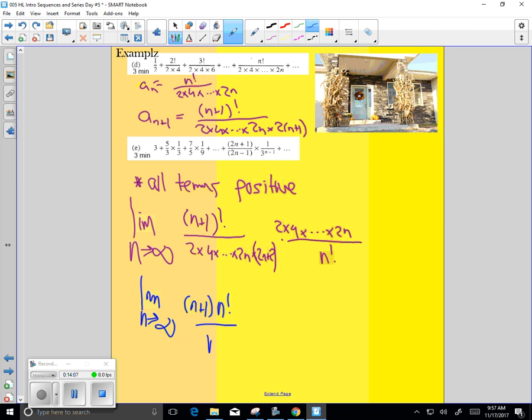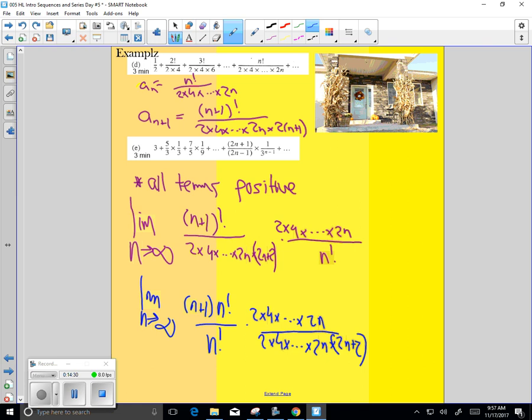Put that over n factorial. And then in the top here, we're going to have 2 times 4 times ... times 2n all over 2 times 4 times ... times 2n times 2n plus 2.